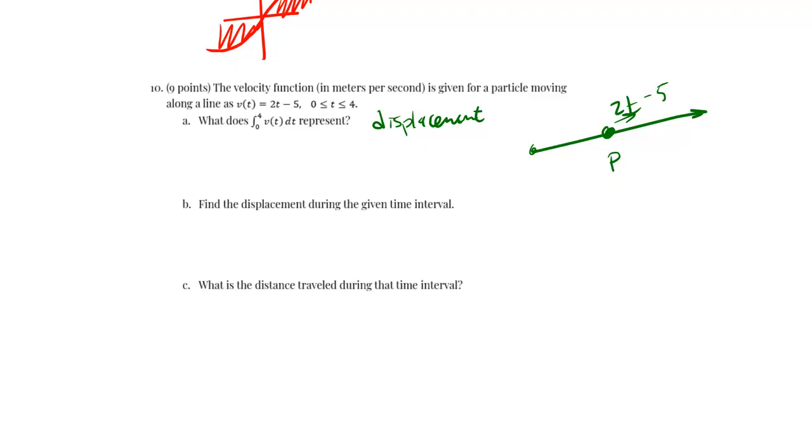Now, you could think about this a couple of ways. Velocity, if it's speed, you're thinking about distance per time. That's your units. dt is a time unit, so in the end, you end up with a distance unit. So you have some sort of measure of distance, but in this case, it's not the total distance traveled. If I did something like the absolute value, that might give me total distance, but this right now is just displacement.